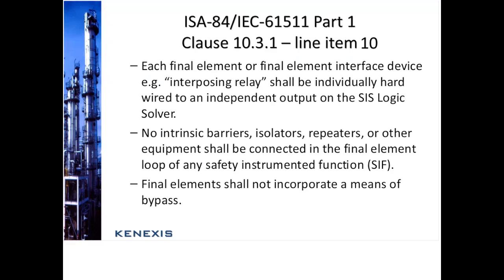Each final element or final element interface device, e.g. interposing relay or solenoid valve, shall be individually hardwired to an independent output on the SIS logic solver. No intrinsic barriers, isolators, repeaters, or other equipment shall be connected in the final element loop of any safety instrumented function. Final elements shall not incorporate a means of bypass.